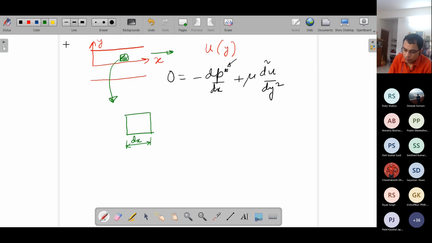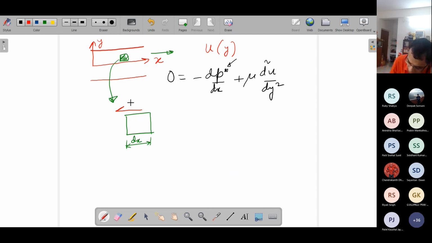So when the fluid is moving in the positive x, there is a resistance offered by the near wall region. Typically the fluid which is at the top of this element offers a friction against the movement, and that is the shear force.